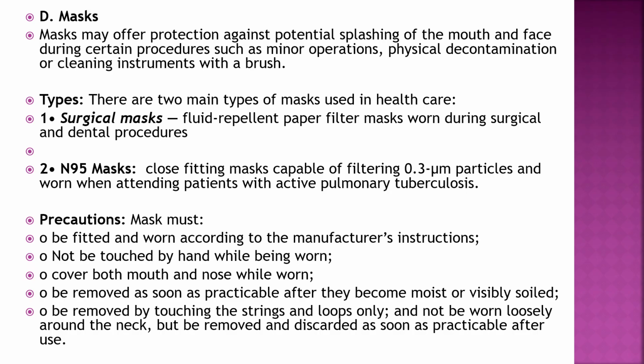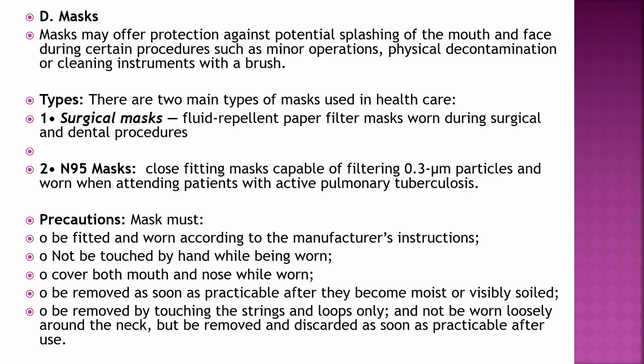So there are two types, surgical mask and N95 mask. The surgical mask is mainly used during surgical or dental procedures, and the N95 mask is mainly used when attending patients with acute pulmonary tuberculosis or, nowadays, the pandemic of COVID-19. So now what are the precautions?